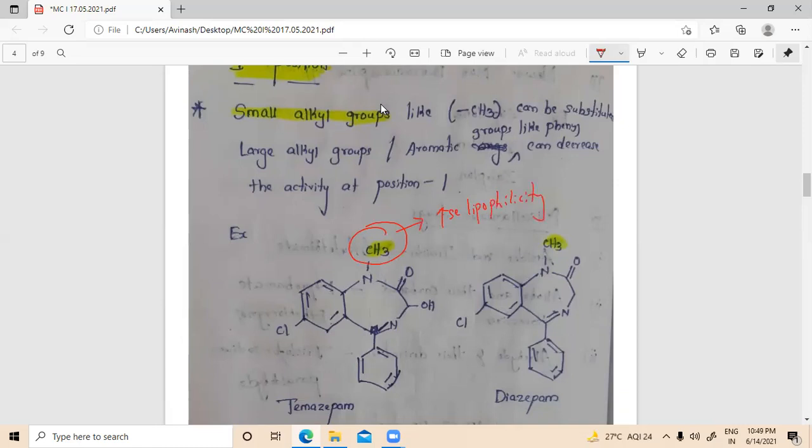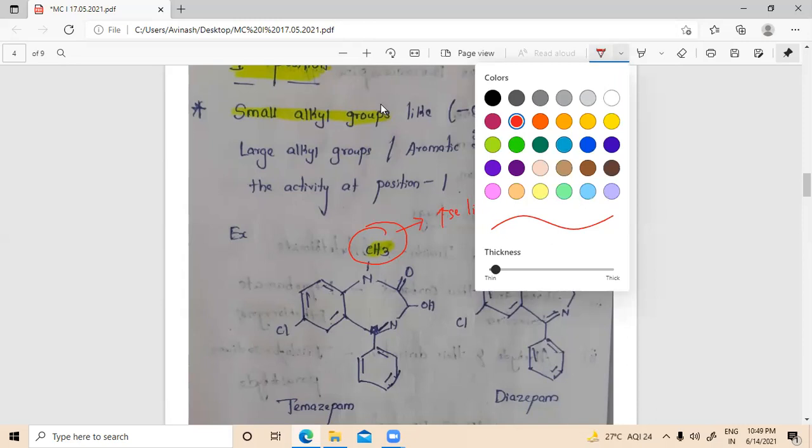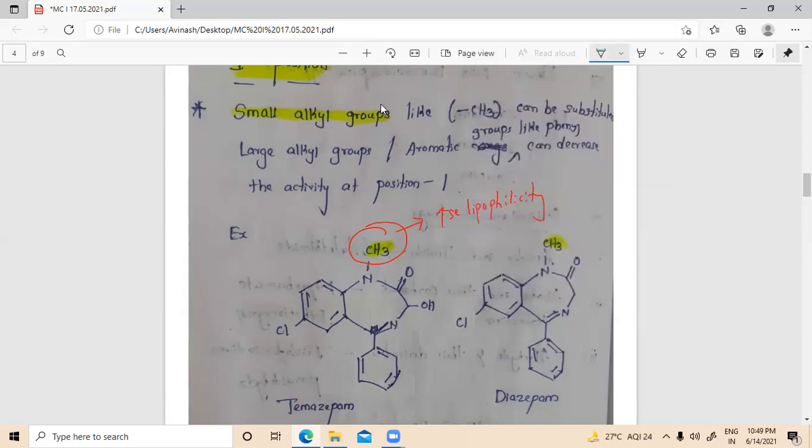You should understand, in order for a drug to cross the blood-brain barrier, lipophilicity is one important parameter. Unless the drug is more lipophilic, it cannot cross your blood-brain barrier and it cannot reach the central nervous system, and therefore the biological activity cannot be expected.